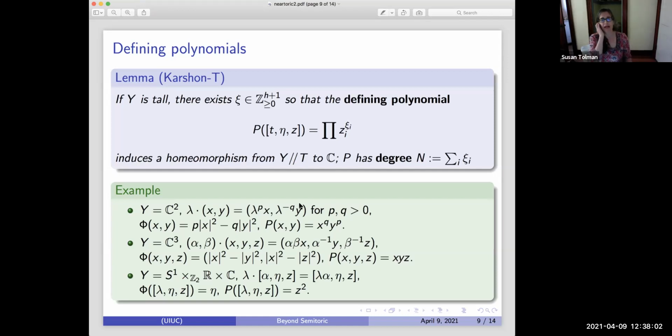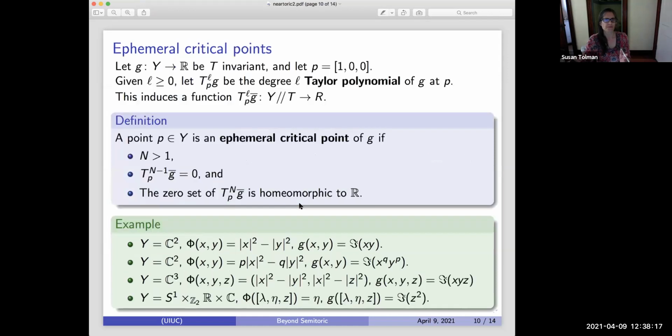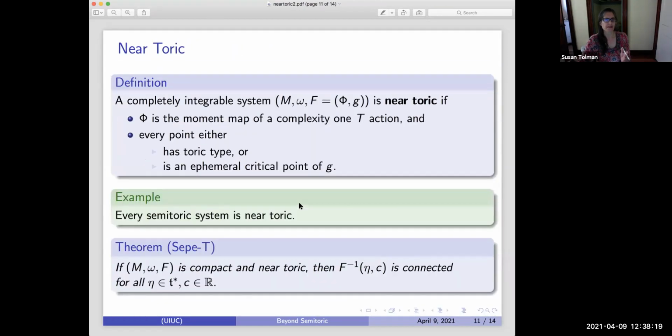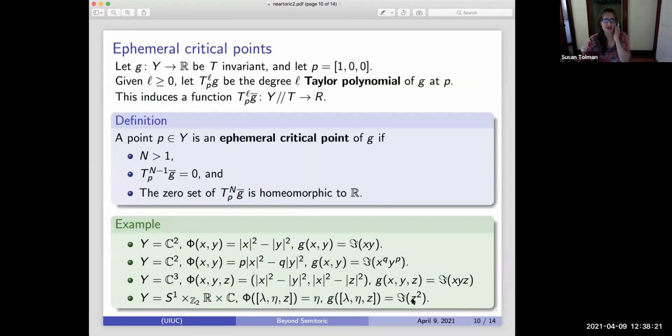That was actually a great question, because that really is, I think, the key idea of what it means to be an ephemeral critical point. We started out with a point that was critical. The imaginary part of z squared, that absolutely is a critical point of your function.